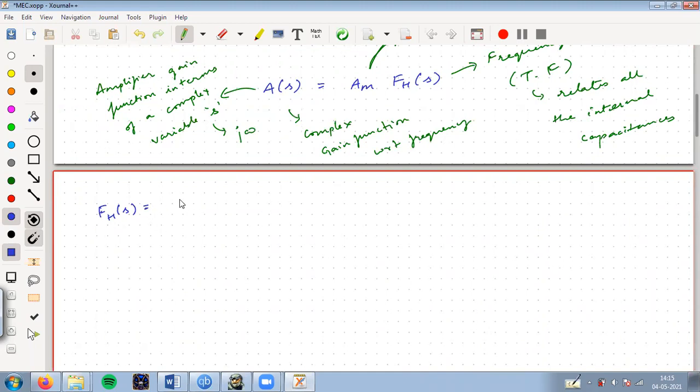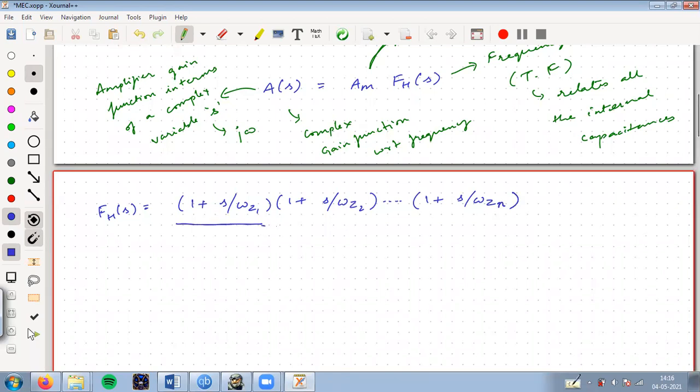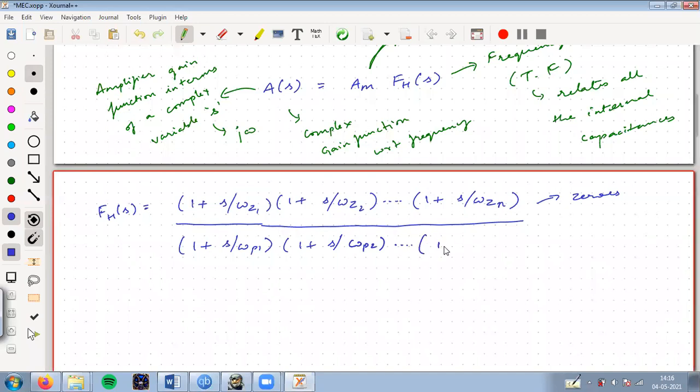So if I write it like this, (1 + s/ωz1)(1 + s/ωz2) and so on up to (1 + s/ωzn), these are the zeros, divided by the poles, (1 + s/ωp1)(1 + s/ωp2) and so on up to (1 + s/ωpn). So these are the poles.